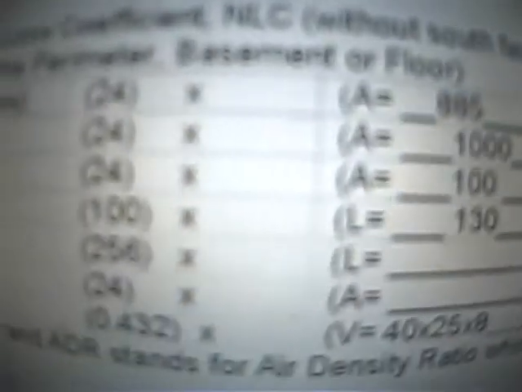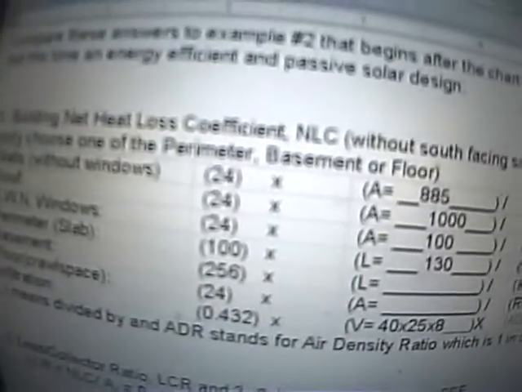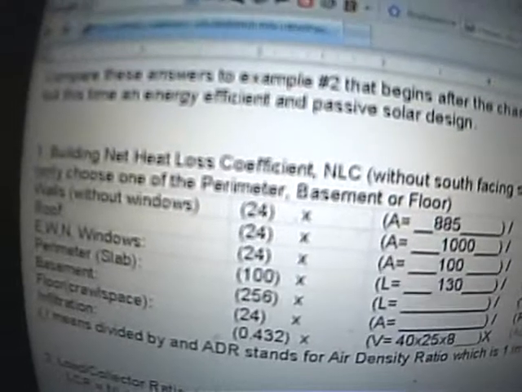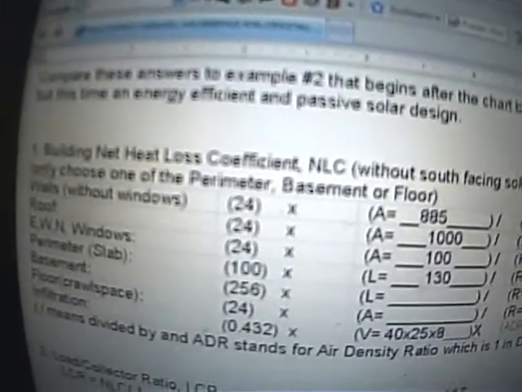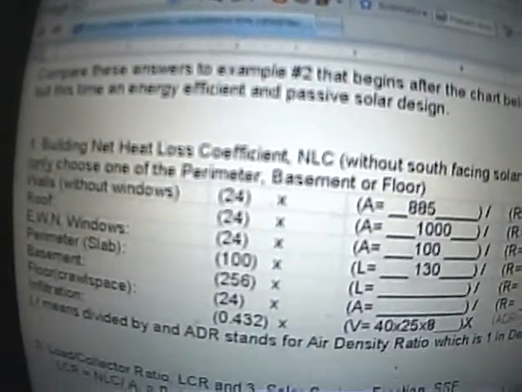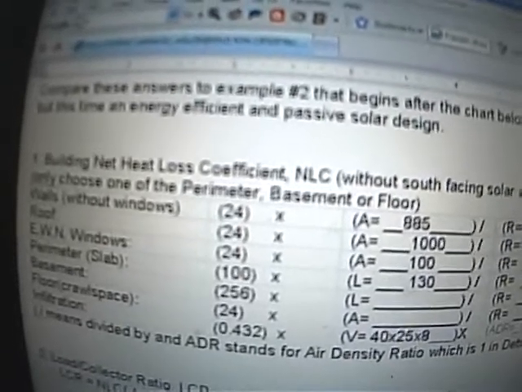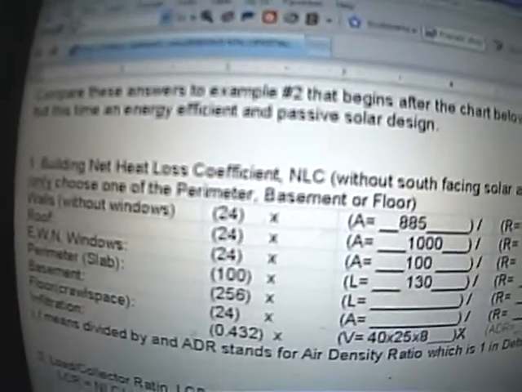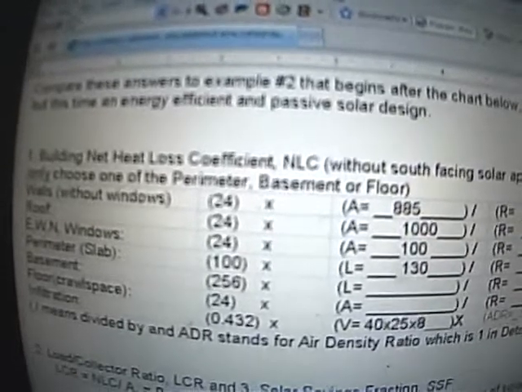Let me show it to you. It shows the area of the walls, the area of the east, west, and north windows, and the area of the roof. But when we get to the perimeter of the slab, we're looking at the edge of the slab. That's really where the heat loss is.